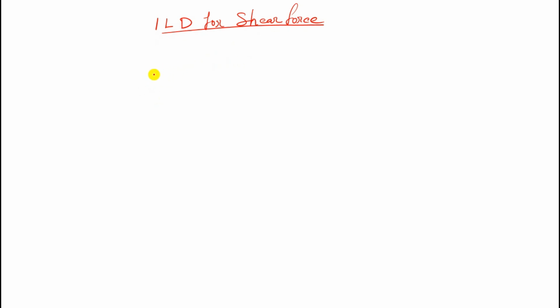So suppose we have a particular beam, a simply supported beam, and this is the load W, and suppose this is the section.